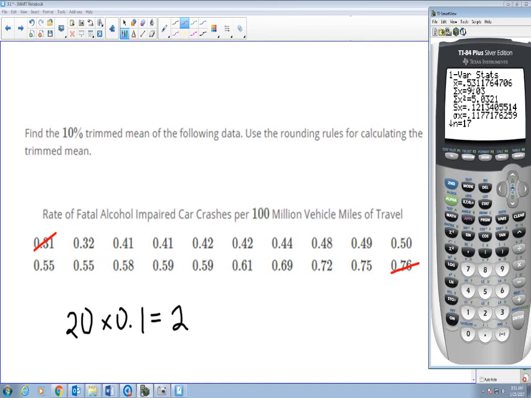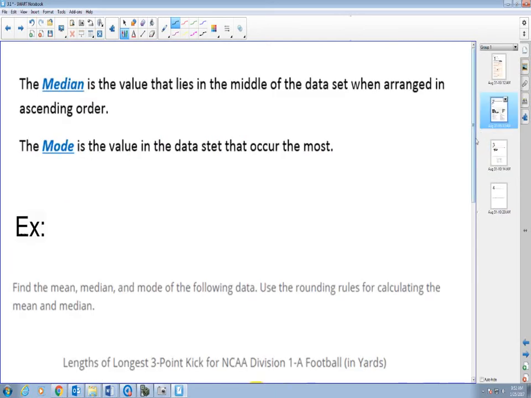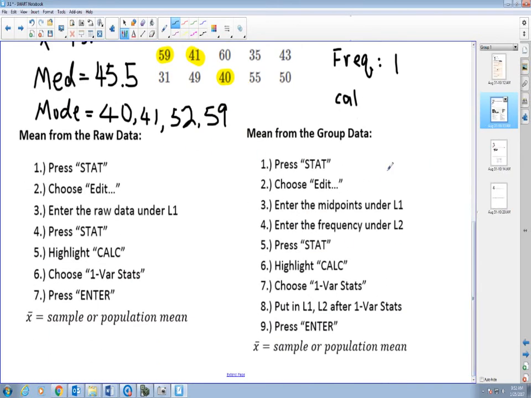So my answer is about 0.531. Alright, it's 10% trimming. The whole idea for the trimming is just taking your biggest number and your smallest number away. Alright, let's go back to the previous page and let's take a look at grouped data.